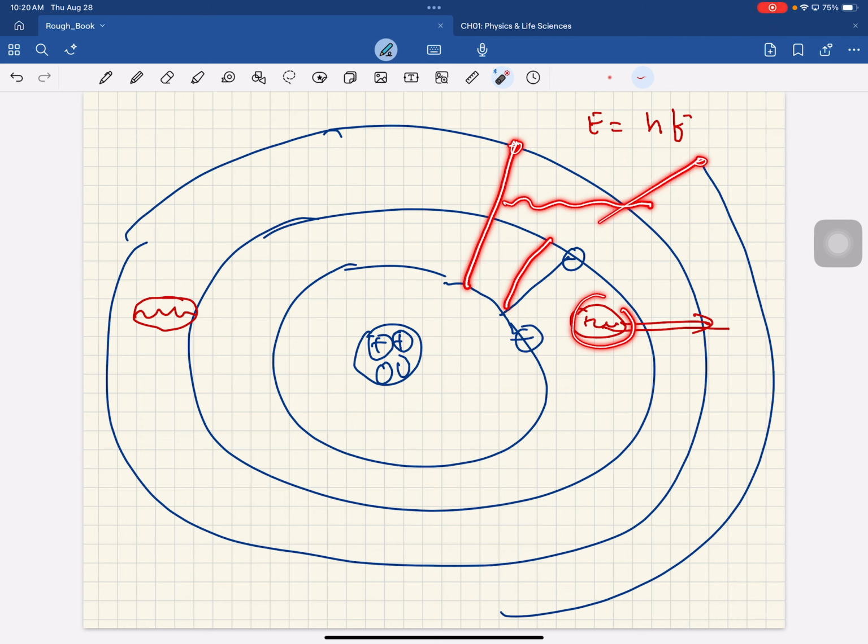When it falls from here to there, it'll emit an even higher energy photon. And so the light coming from every atom and molecule is unique. That's its fingerprint. And that's how forensic sciences identify various materials. If there's trace amounts of elements of something in a fluid, you burn the fluid and you look at the light coming from it.